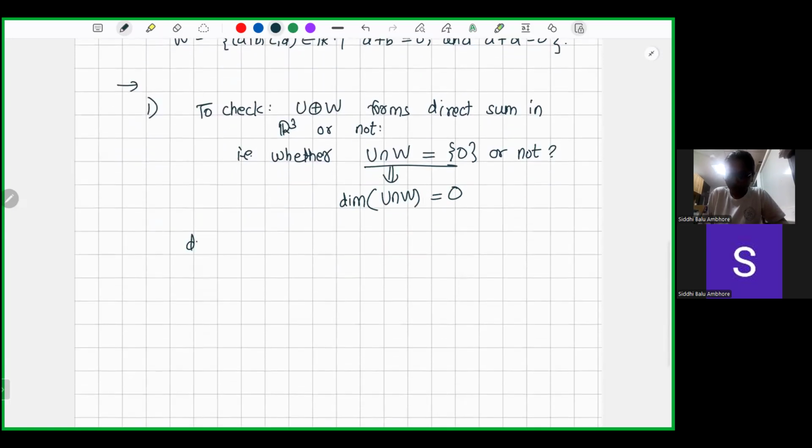So we know that dimension of U plus W is dimension of U plus dimension of W minus dimension of U intersection W. This is for any sum of vector spaces.